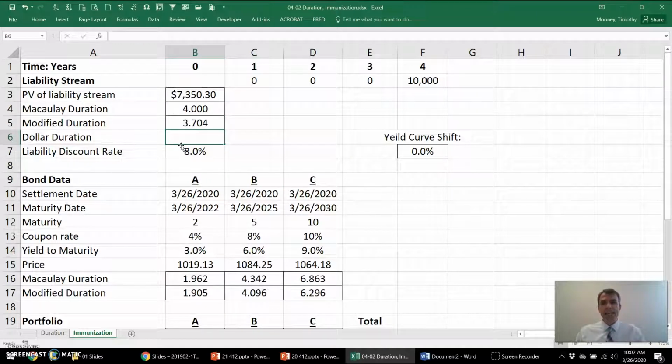And then if we find the dollar duration, remember that's the modified duration divided by 100 times the present value of the liability stream. So a 100 basis point change in interest rates is associated with a $272 change in the present value of the liability stream. So our goal is to create a portfolio of bonds that can fund this liability stream.